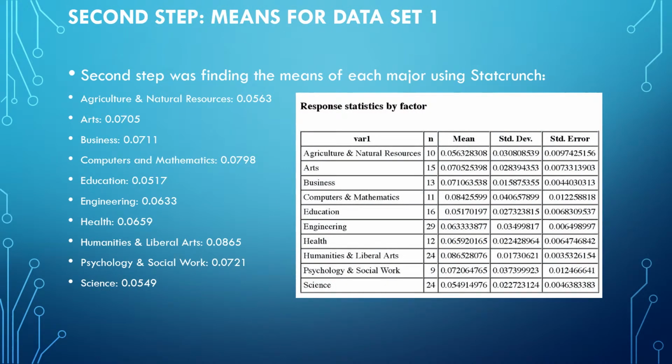Our second step was finding the means of each major using StatCrunch. The results are as follows.